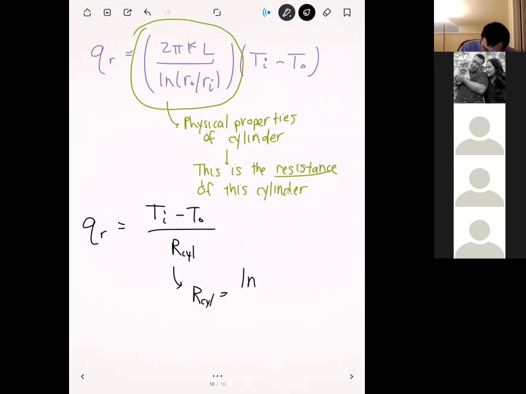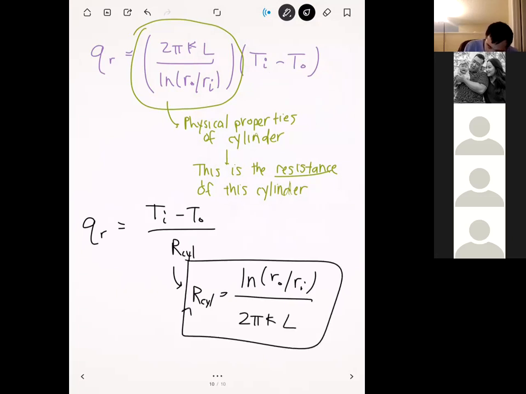So this R_cylinder is going to be ln of R_o divided by R_i, divided by 2 pi k times L. Okay. And so this is an important formula right here, which we're going to use probably on next Monday. This is the thermal resistance of a cylinder. Okay.